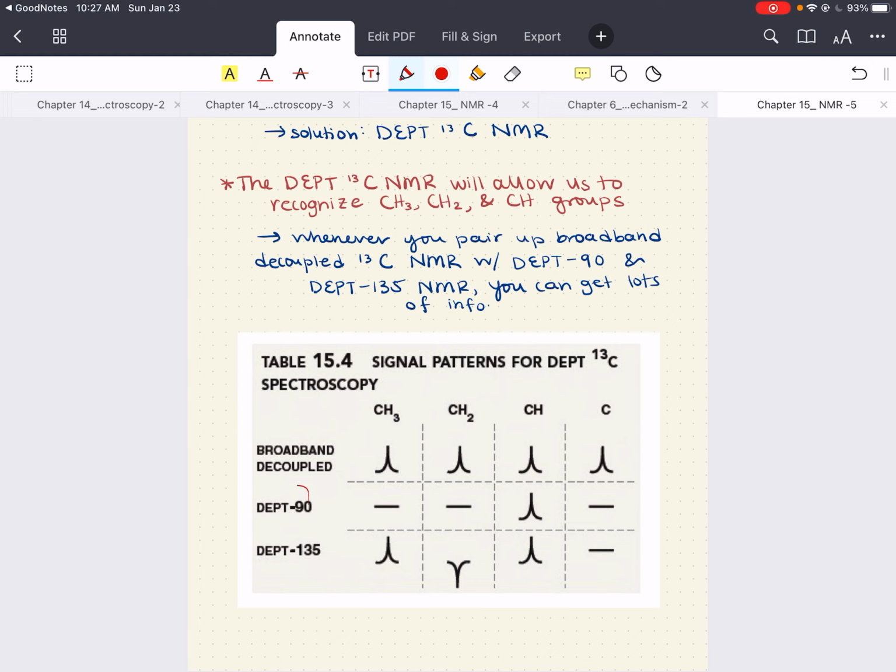The cool thing about this pulse sequence is that it tells you if there's any carbon bonded to a single hydrogen.